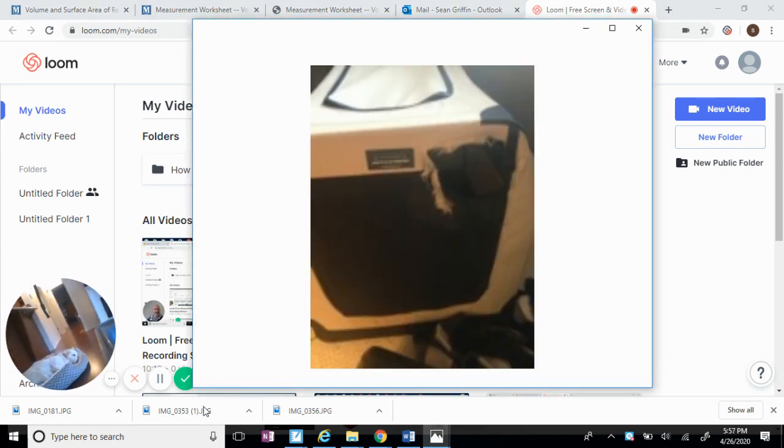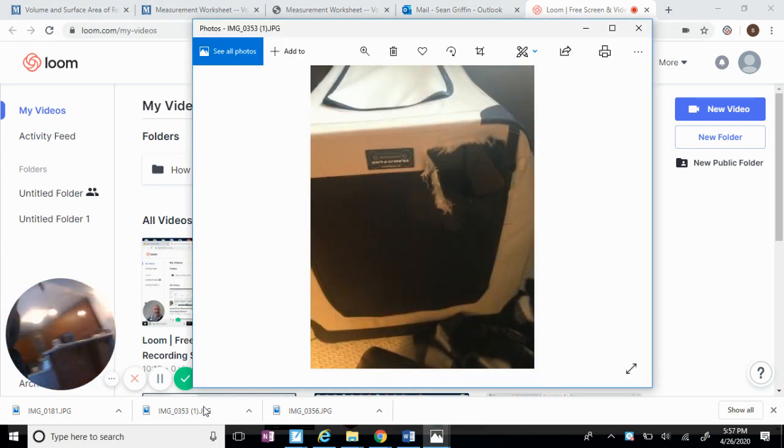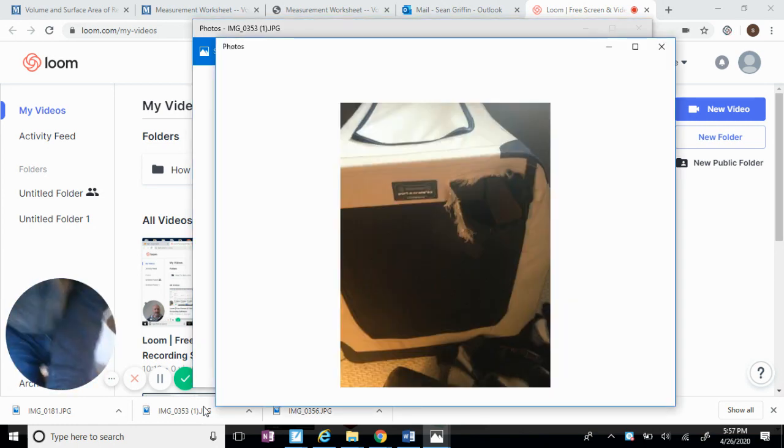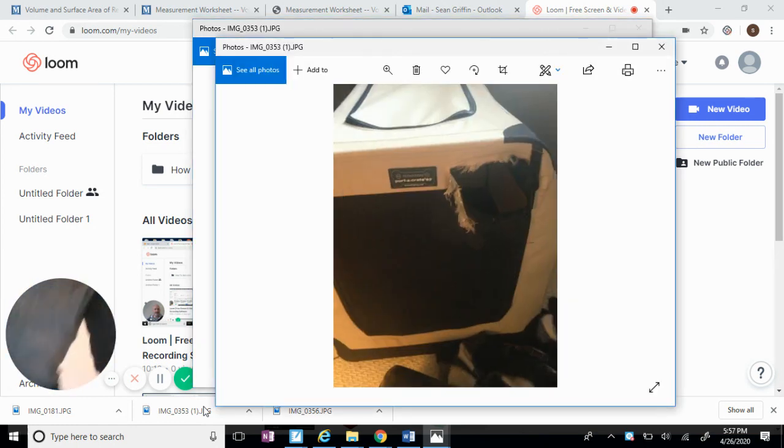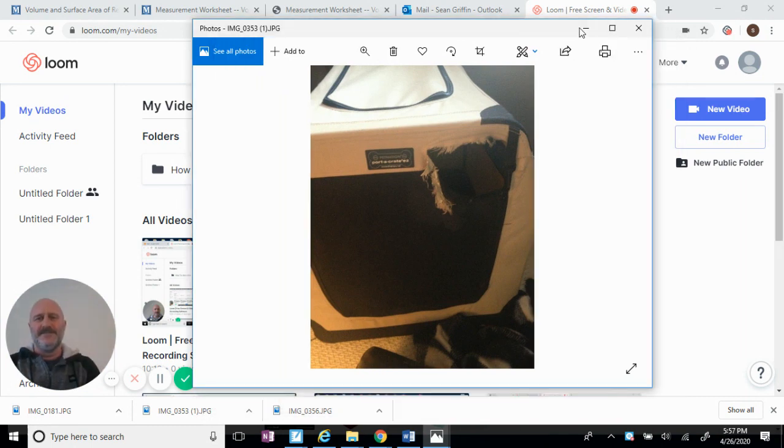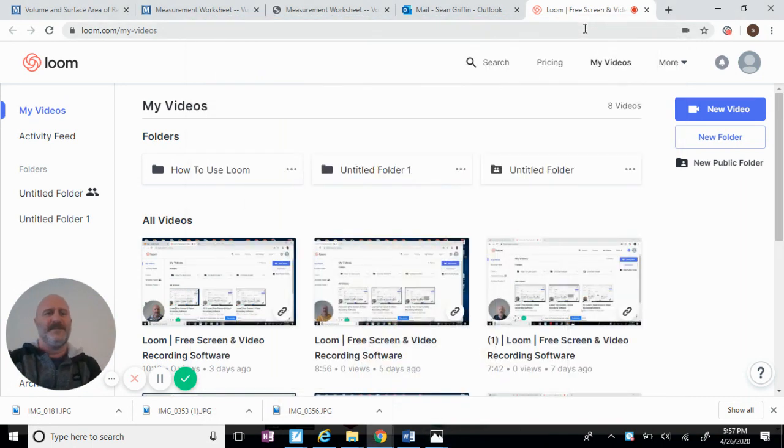Okay. So with Berkeley's dog food container, let's see if I can get it in.